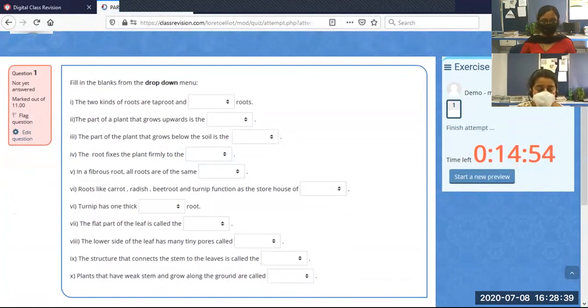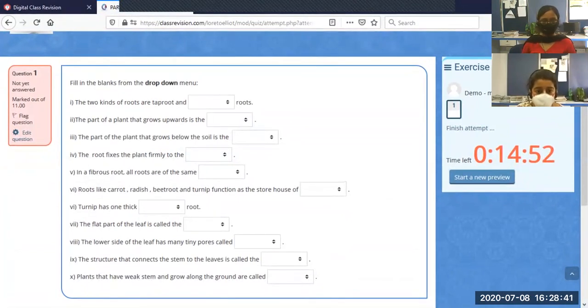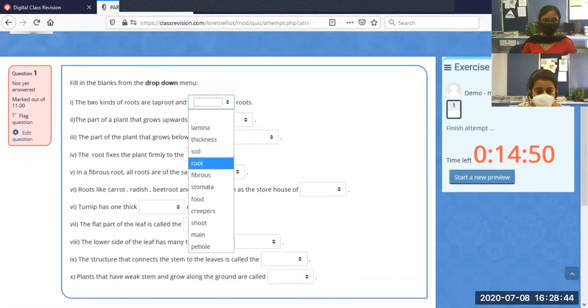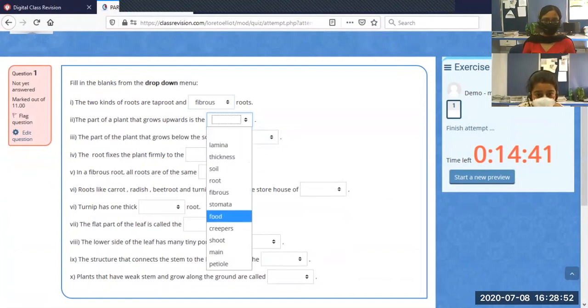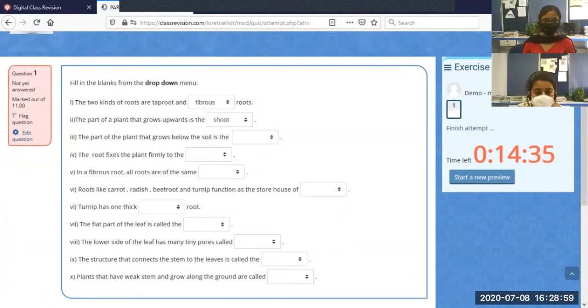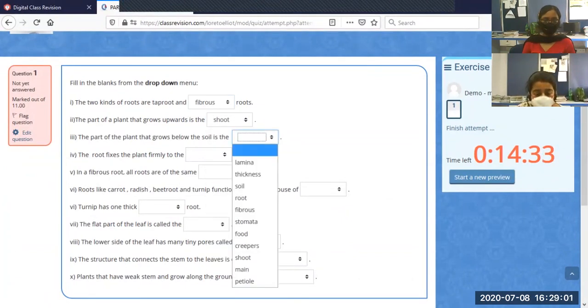The two kinds of roots are taproot and fibrous root. All right. The part of a plant that grows upwards is the shoot. Okay. The part of the plant that grows below the soil is the root.